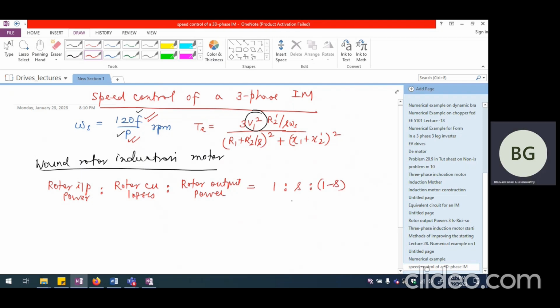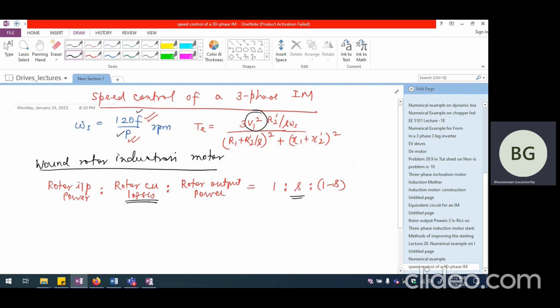So if I want to change the speed, that means the slip is going to be changed. For changing the slip, I can change the rotor copper losses.